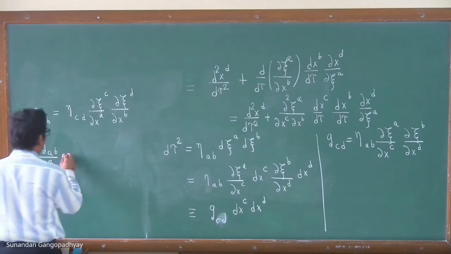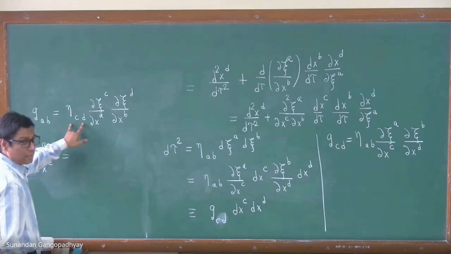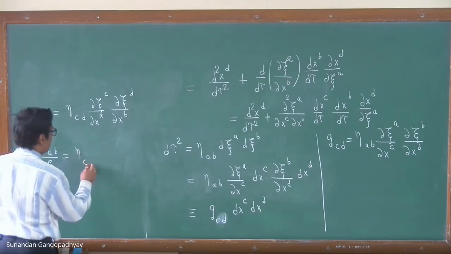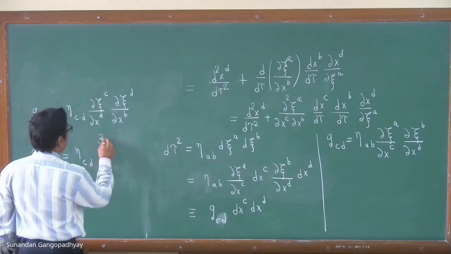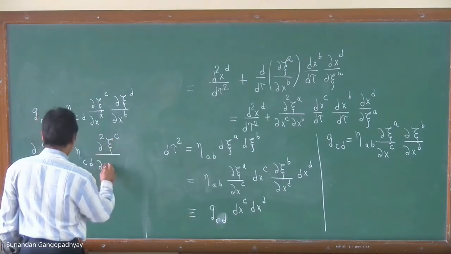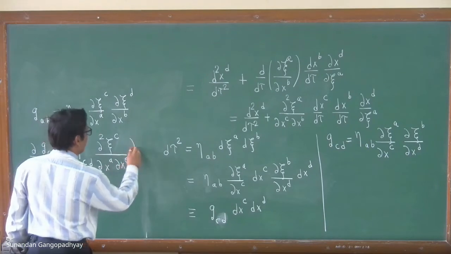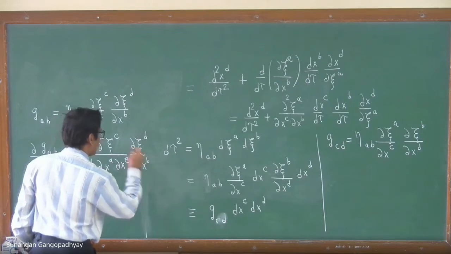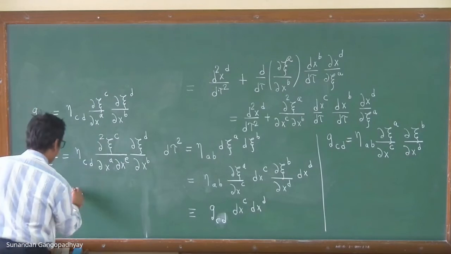If you take that, this partial derivative will not act on this because this is flat, this is 0, it will act only on these two terms. Therefore, what we shall get is the first term, with the derivative acting on one factor.